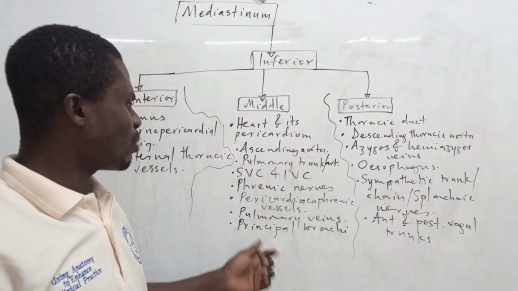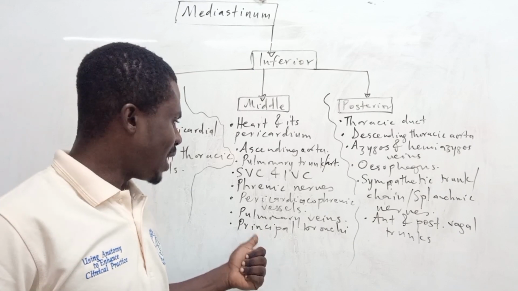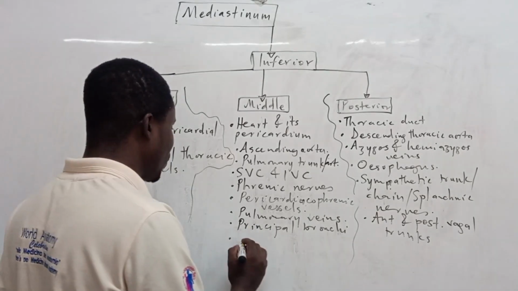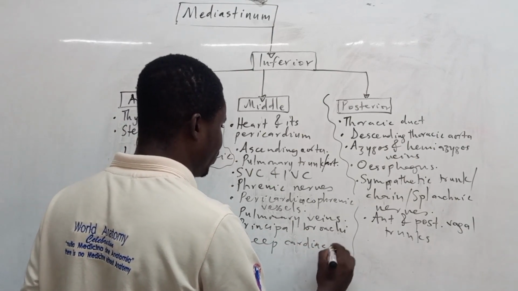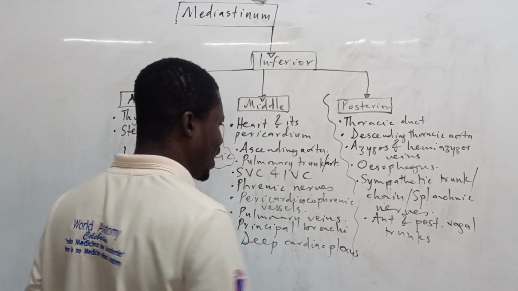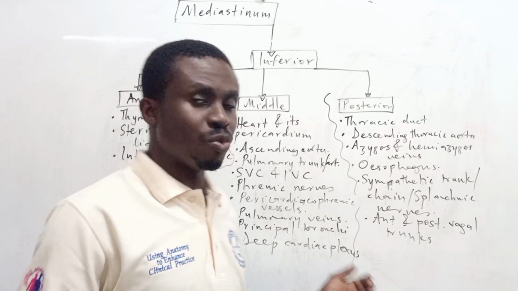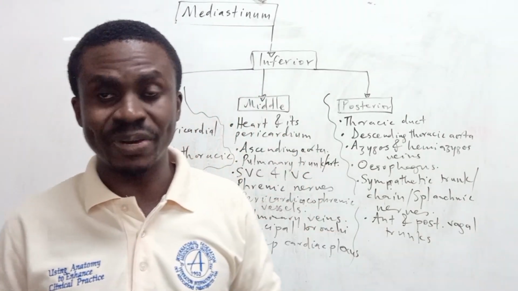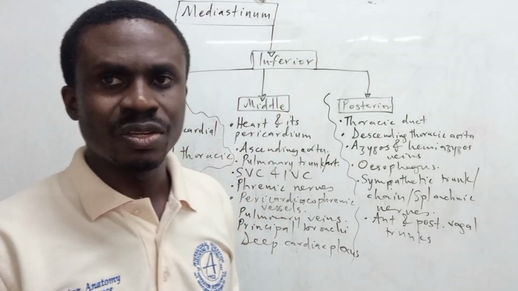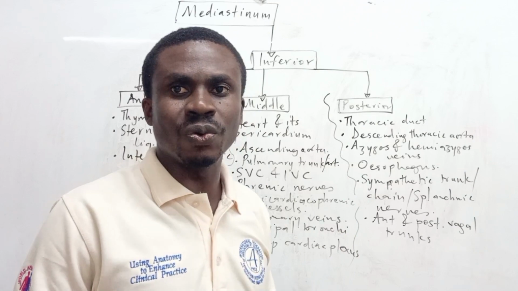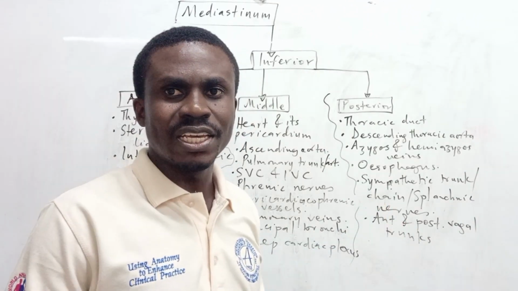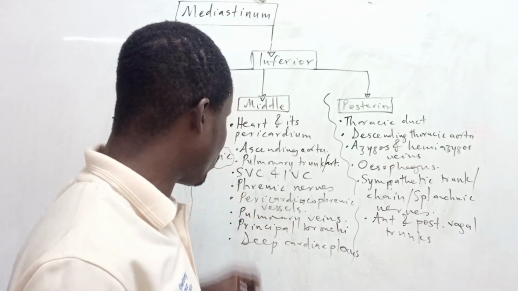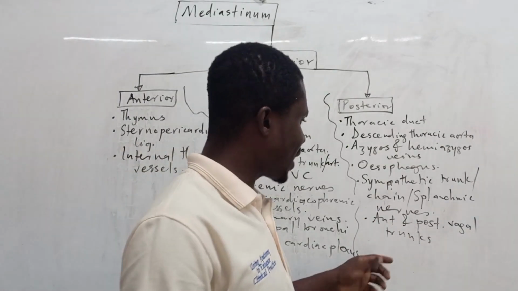Also in the middle, one thing that came to mind is the deep cardiac plexus, whose contribution will come from the superior, middle, and inferior sympathetic ganglia, together with some of these sympathetic nerves, and also from the vagus, giving rise to this deep cardiac plexus.